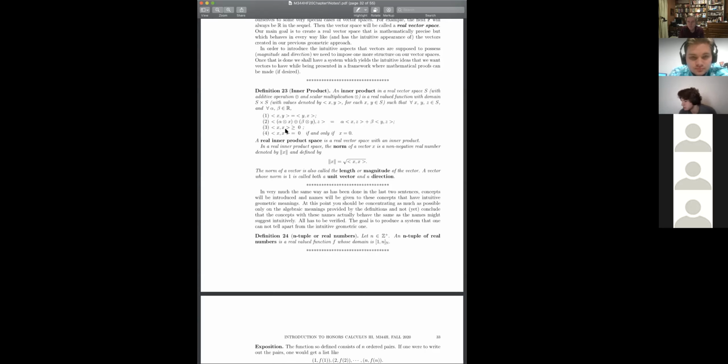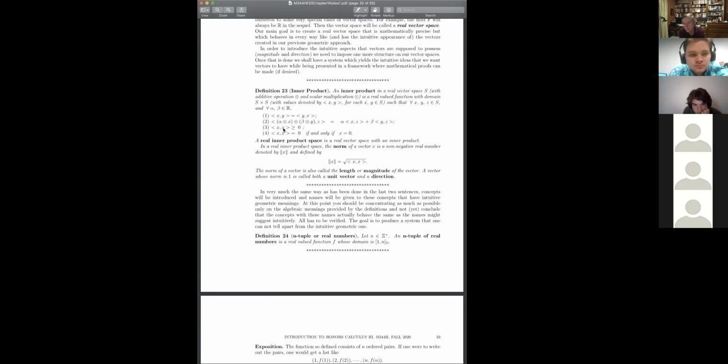And if you remember your properties of dot products, that's one of the properties of dot products. This says the inner product of anything with itself is greater than or equal to 0. Now, what I hope you remember when you read section 3 again or for the first time, the dot product of a vector with itself is the square of its norm. It's the sum of the squares of the components, the coordinates.